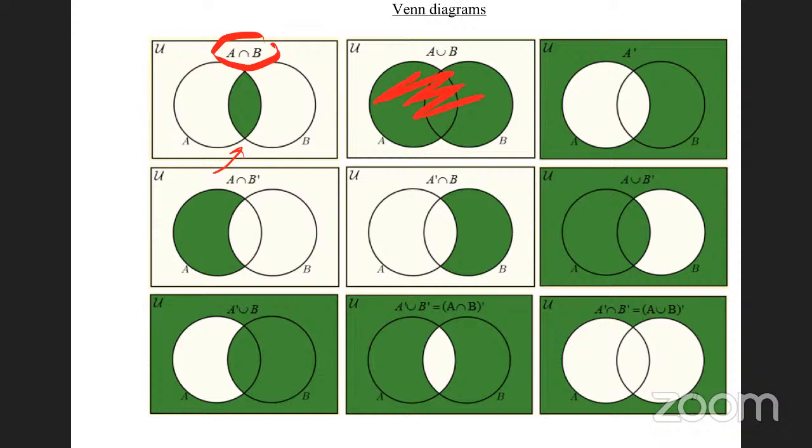Union is everything here. A complement. Complement means everything outside the set, right? A complement, everything outside the set. A intersect B complement. This is called what? Anybody remember the worded version for that? What's the worded version for that part there?